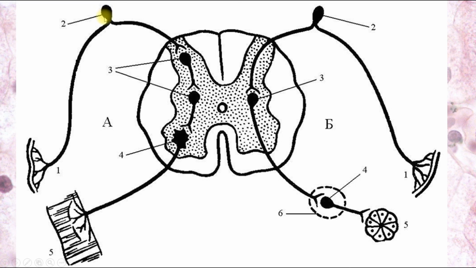And axon goes through the posterior root into the posterior horns of the spinal cord. Here we have some interneurons, one, two, or more, or sometimes interneurons are absent. So posterior horns contain interneurons. And after that, information goes to motor neuron, which is located in the anterior horns. And axon of motor neuron exits from spinal cord and goes to the muscle, for example.